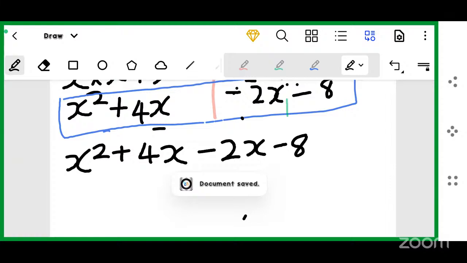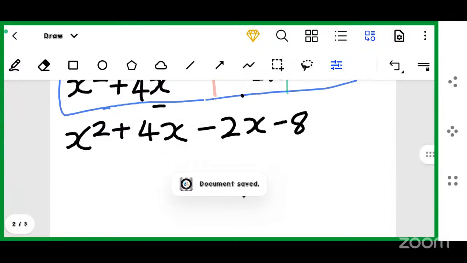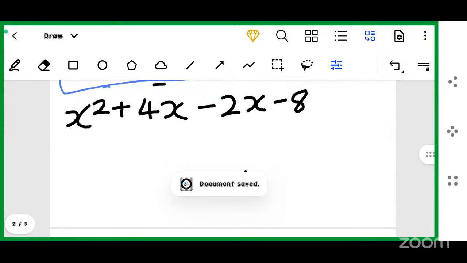After the bananas example, what do you think the like terms are for this expression? It's 4x minus 2x, which is going to give you 2x. Perfect.